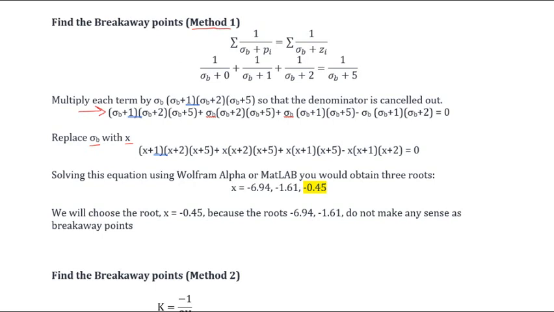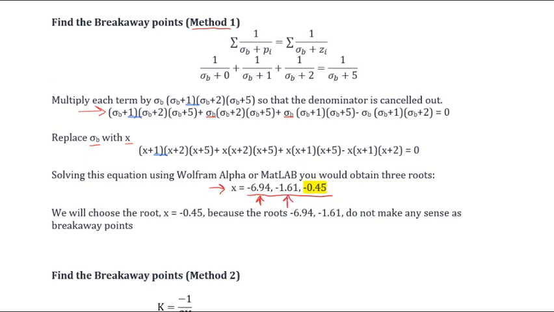Then I can use Wolfram Alpha or MATLAB, and you can see I've got 3 values. I've already highlighted the right one, but let's look at each one to determine why it can't be this one or this one.